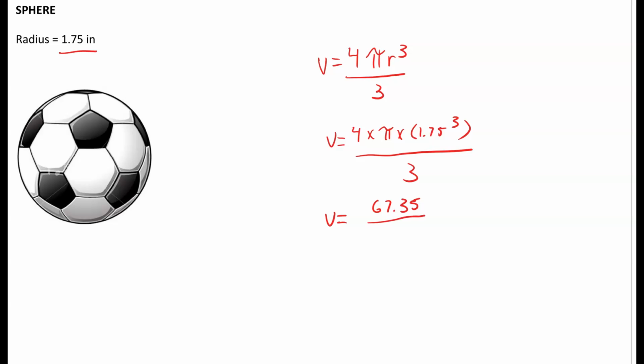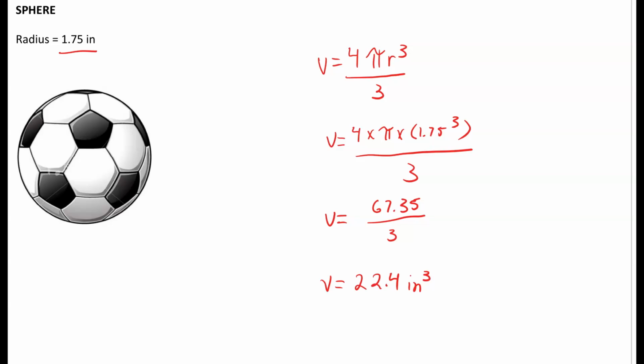So make sure you're paying attention to that decimal and rounding it correctly. Then it's divided by 3, so volume equals 67.35 divided by 3, giving me 22.4, and our unit is inches, and it is cubed, not squared, because we're doing volume.